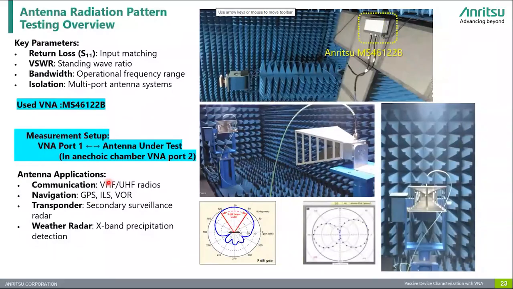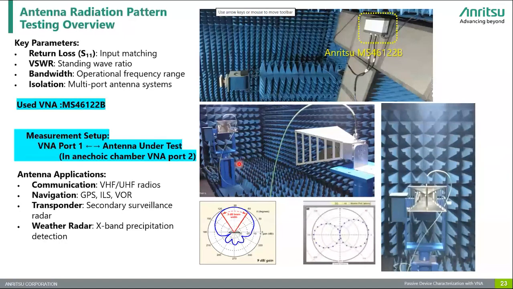The measurement setup involves, as you are seeing in the slide, VNA port 1 to the antenna under test, typically placed in an anechoic chamber to eliminate reflection and external interference. In some configurations, port 2 may be used for pattern measurements or dual port testing.